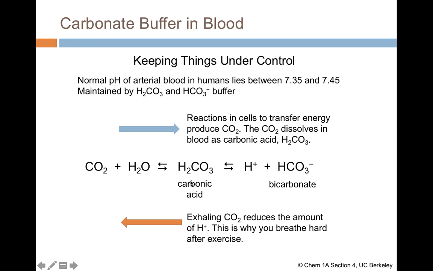Removing this reactant shifts this first equilibrium towards the reactants, which decreases the amount of H2CO3, which then shifts this second equilibrium towards the reactants as well. And so yes, your body is producing excess CO2, but by exhaling that CO2, the carbonic acid bicarbonate buffer solution can still keep your blood pH under control.